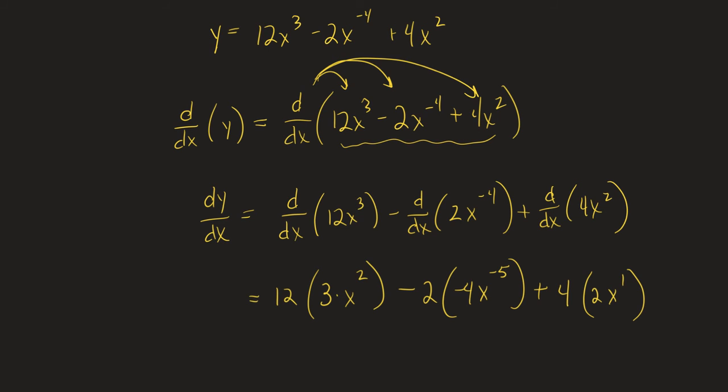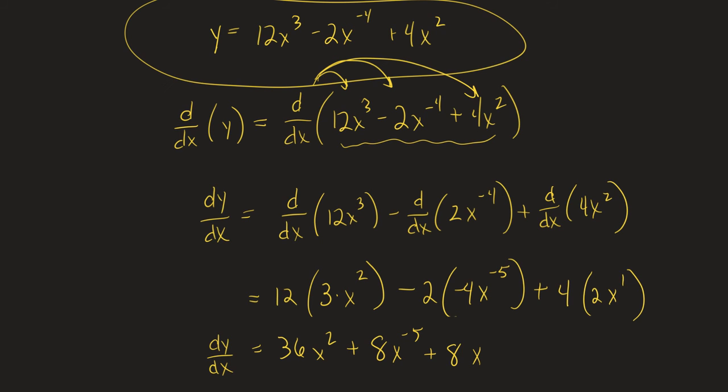Now that you've done this, just clean it up. This is 36x squared plus 8x to the negative fifth plus 8x. This is a function that is now the slope of my original function.